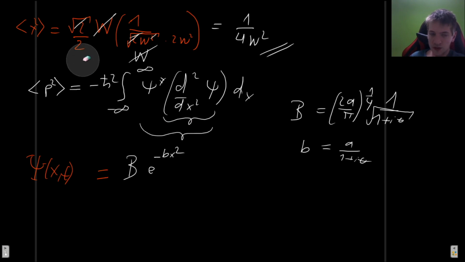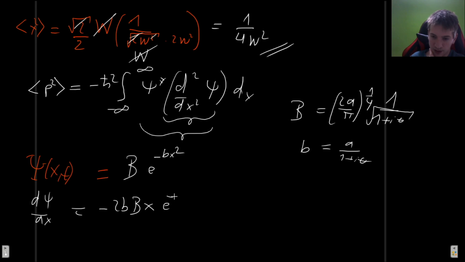That means our notation will be a lot better, so we can do these derivations much better. The first derivative is going to be minus 2b times large B x e to the minus b x squared. Now we derive again, so basically the second derivative.